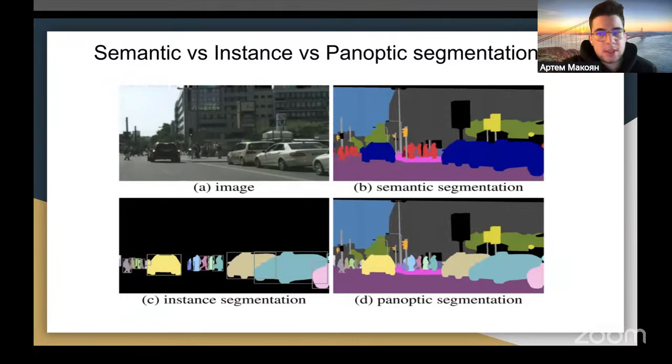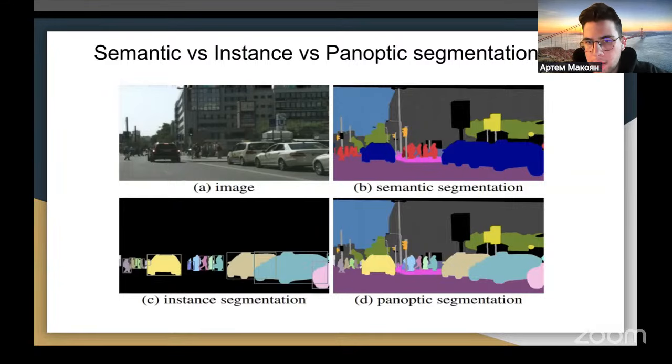Okay, first let's talk about segmentation. There are different tasks where we want different segmentation approaches. First, semantic segmentation, where each class of objects has its own color.